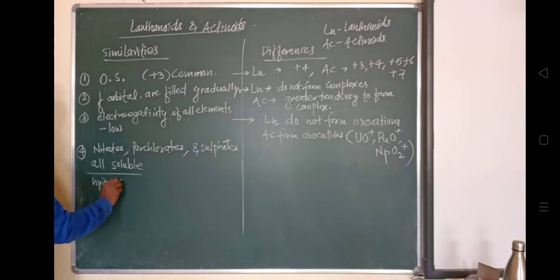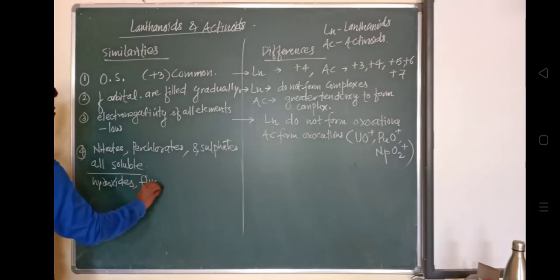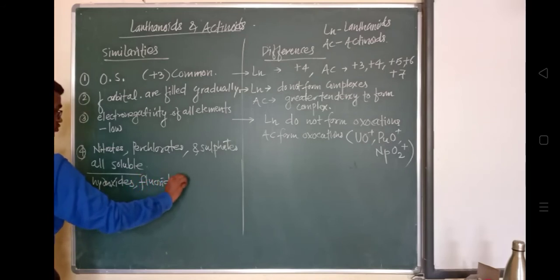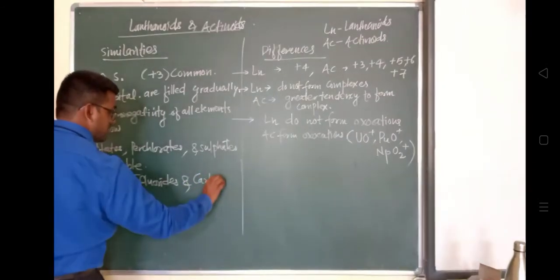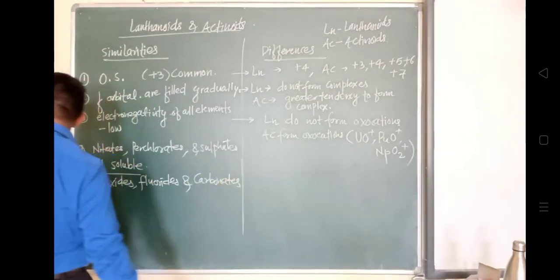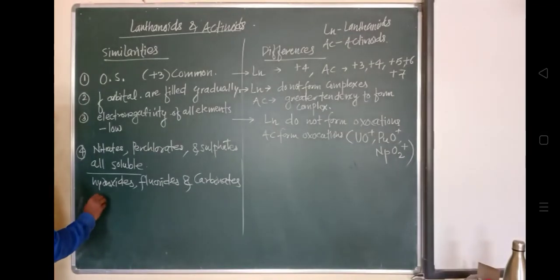So this is the similarity between lanthanoids and actinoids: their nitrates, perchlorates and sulfates are soluble, but their hydroxides, fluorides and carbonates are insoluble.